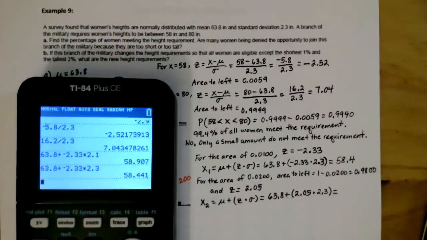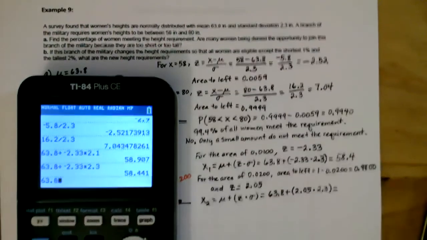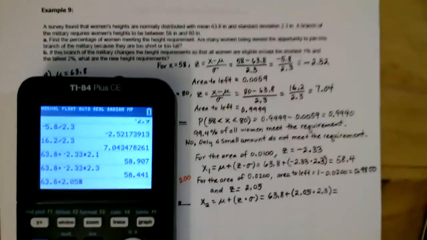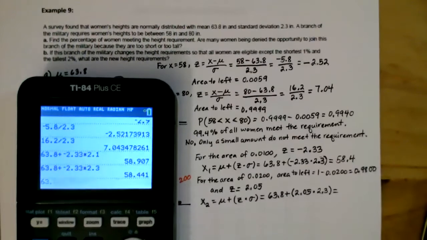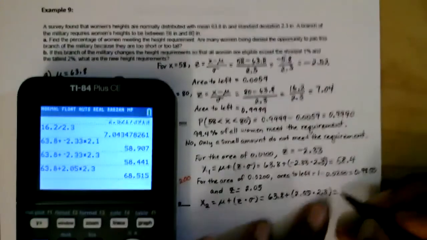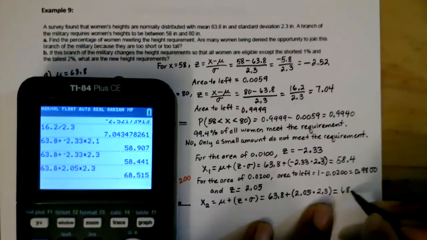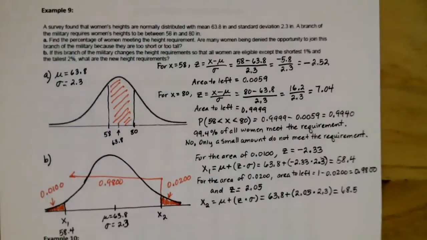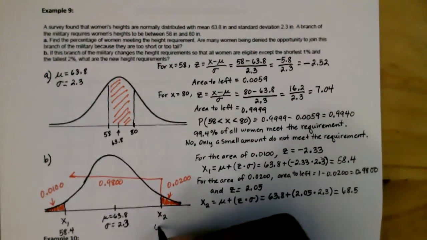So in this case here, 63.8 plus 2.05 times 2.3. This will be approximately, to one decimal place, 68.5. So this is X2.